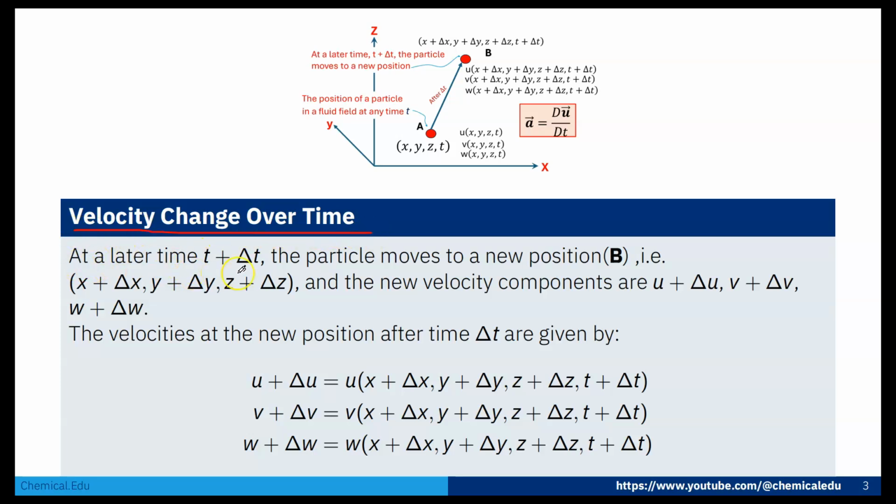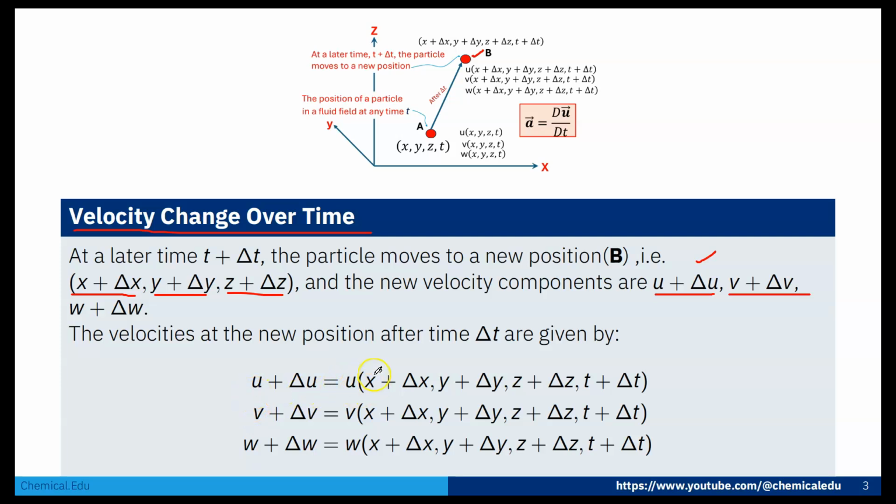At a later time t plus delta t, the particle moves to a new position B, that is x plus del x, y plus del y, z plus del z, and the new velocity components are u plus del u, meaning the change of the velocity, v plus del v and w plus del w.